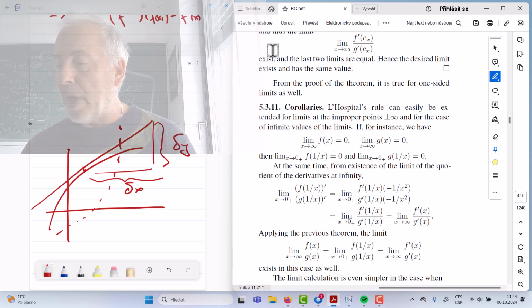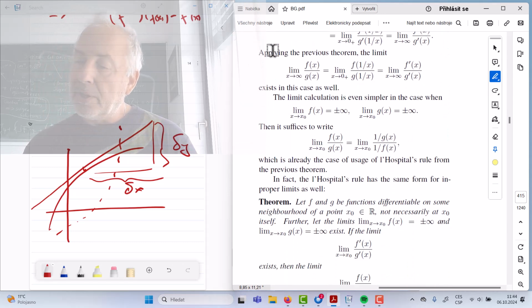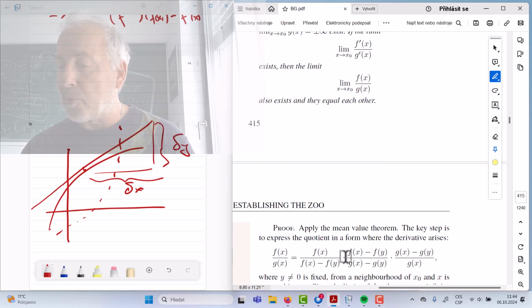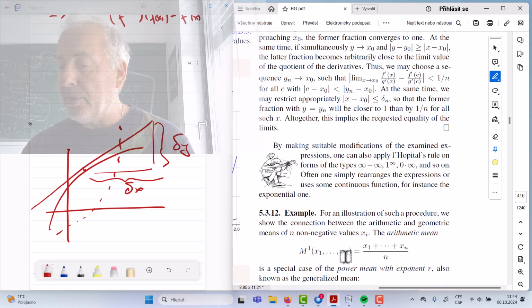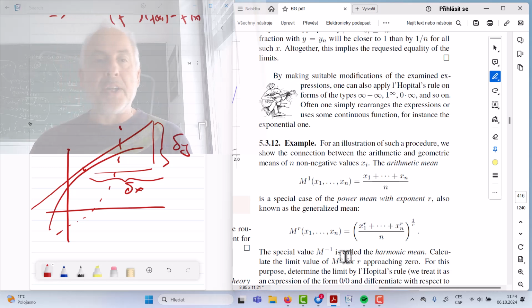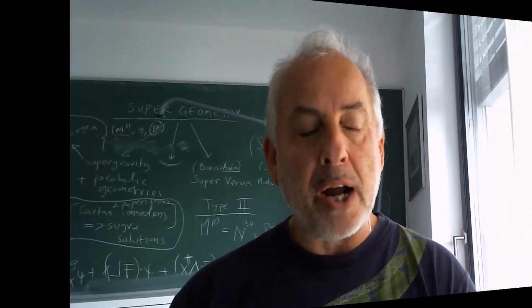And you can also have the same for the improper limits, so you can just have it if the limits are plus minus infinity, or you go to plus minus infinity, the x0 might be an improper point, and this is what's there. And finally there is an example. So if you are interested in the example, it links the arithmetic mean and the geometric mean, the harmonic mean.